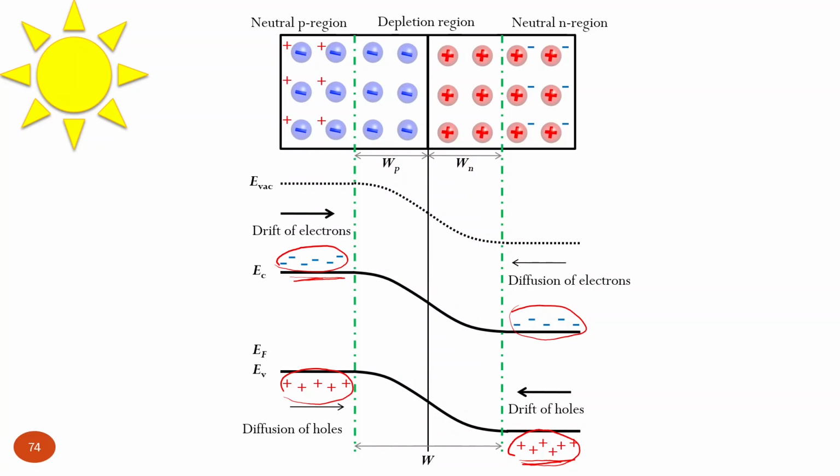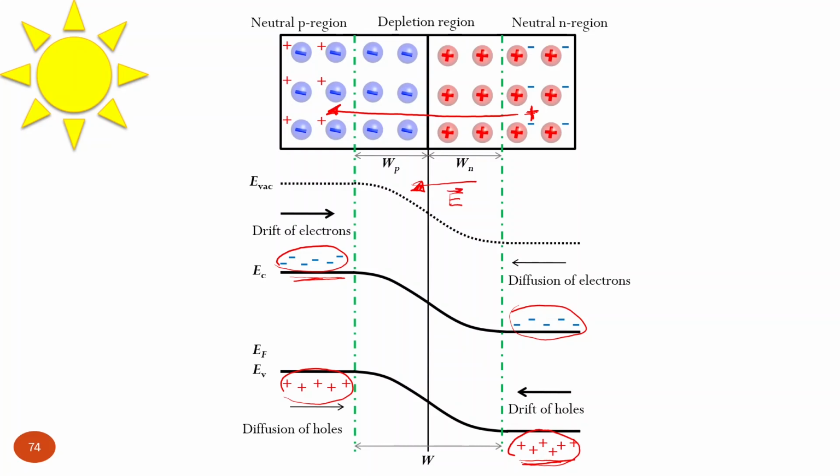Not electron, but a minority hole from the N-type region drifts through the p-n junction to the P-type region. That means a hole from here, a minority charge carrier, moves to the P-type region because of drift, because of the internal electric field. Here we have this electric field.